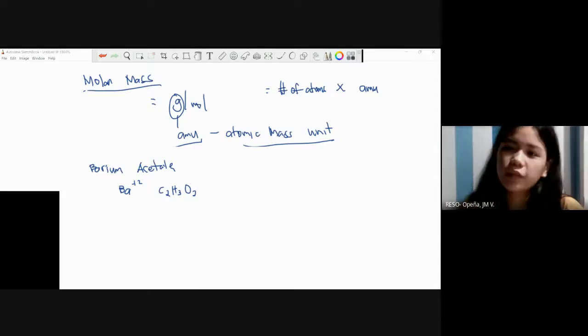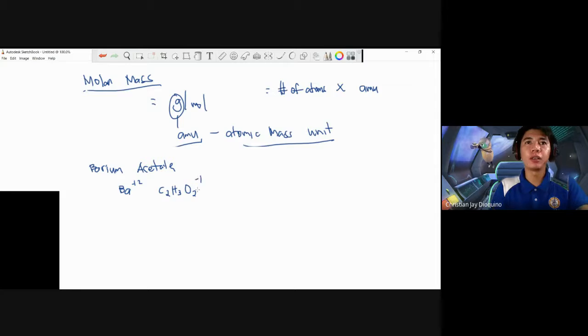Negative 1 po. Okay, negative 1. So, bakit ka maglalagay ng 2 dito? Diba, pag nag-criss-cross yan, yung 2 ni Ba mapupunta kay C2H3O2. Tapos yung 1 dito, automatic na 1 yan. So, magiging Ba, then open and close parenthesis C2H3O2, then tsaka mo lalagay yung 2 dito. Okay?